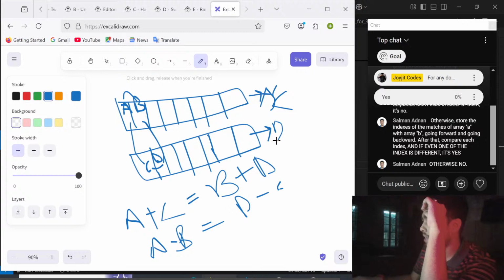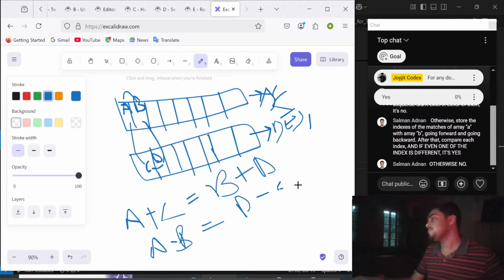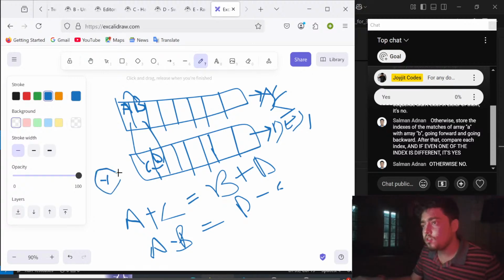And the second array we can sort in descending order. Now the moment we are done with sorting, we check whether the differences are equal. If they are equal, we are okay to go with it. But if they are not equal, that means there is a minus 1 that we have to utilize over here.